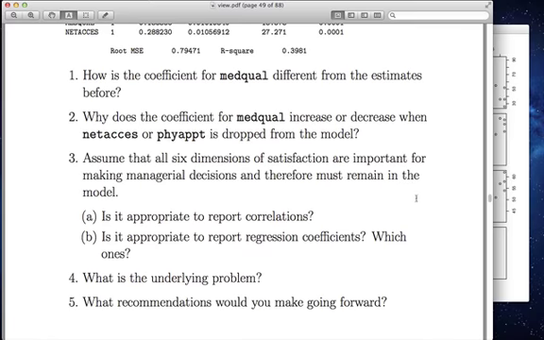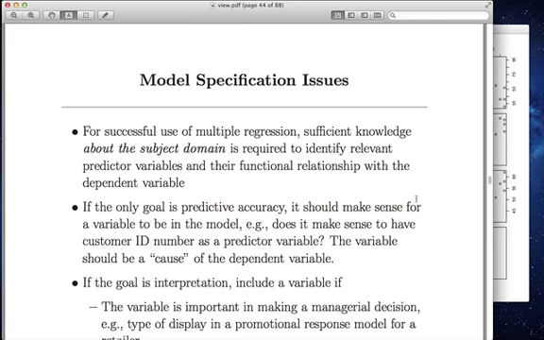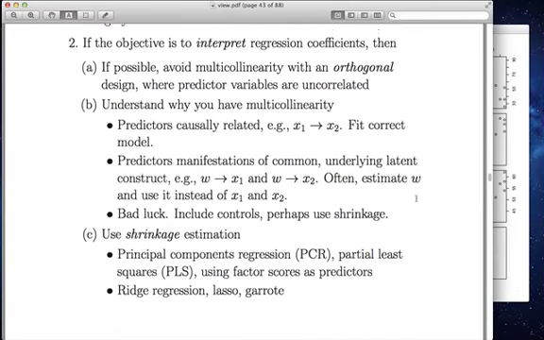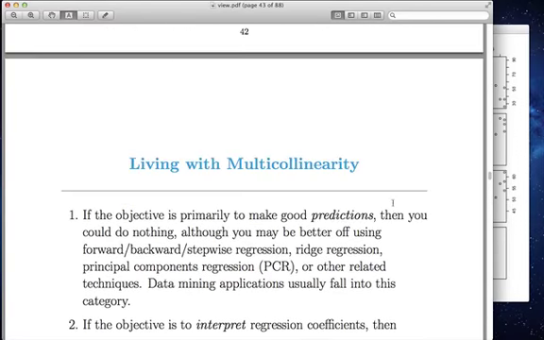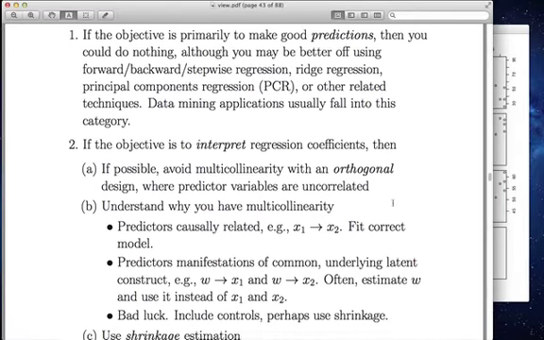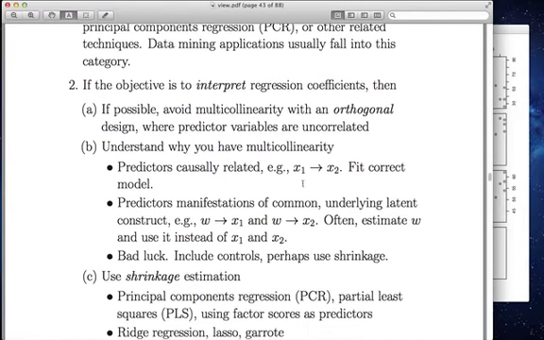Now, if we go back to that slide, sorry to keep flipping around here, how do we live with multicollinearity? Well, understand why you have it. Sometimes predictors are causally related, as we saw with the quality control case. In that case, we need to fit the correct model, and we're back on track.